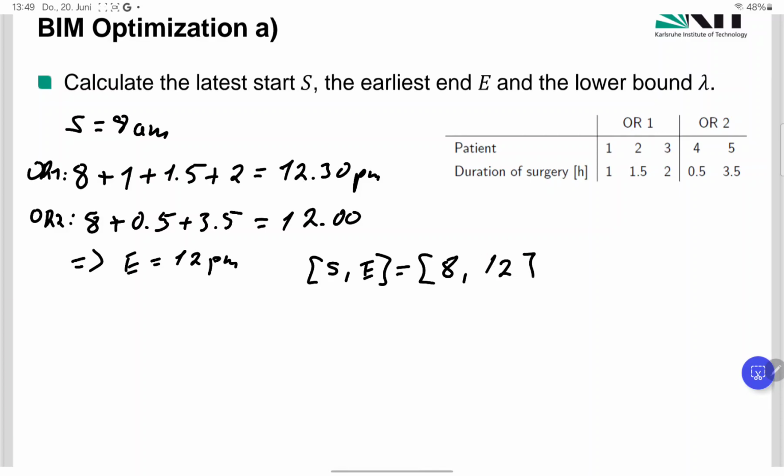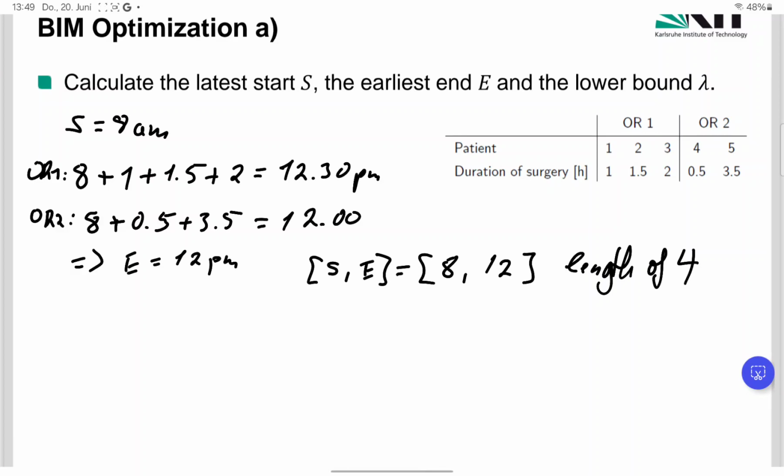So it has a length of 4 hours. Between 8 and 12 all operating rooms are occupied, and now we have to check where the break-in points are so that we can assign emergency patients if necessary.